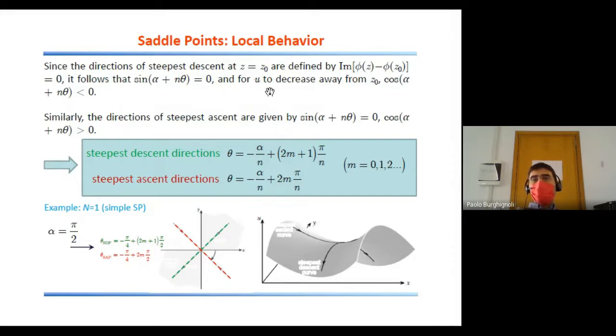And since we wish u to decrease away from the saddle point, the real part, that is the cosine function, must be a negative number.